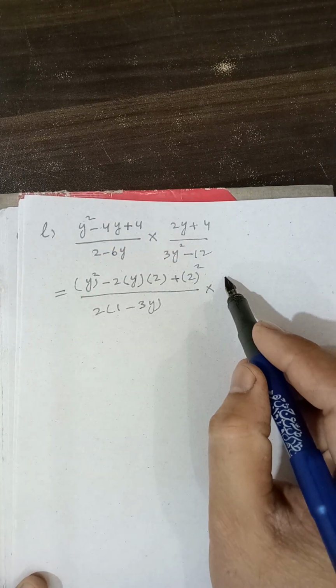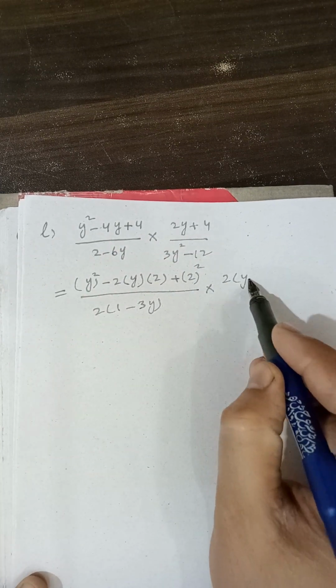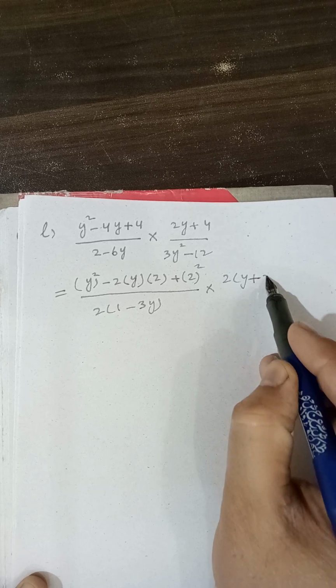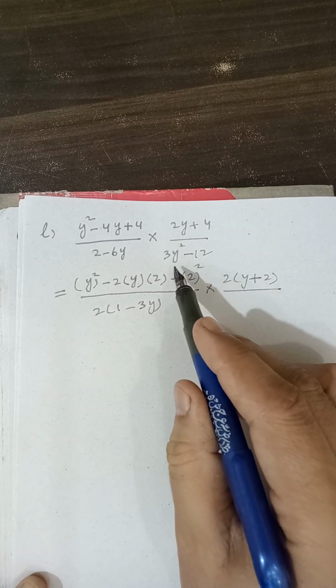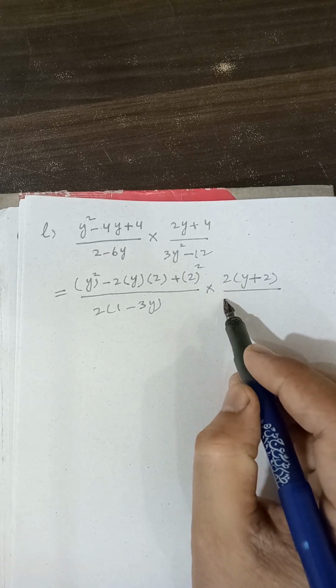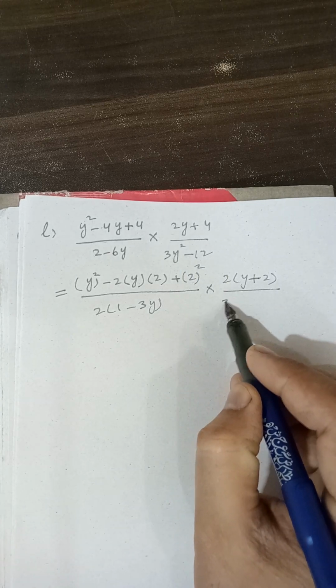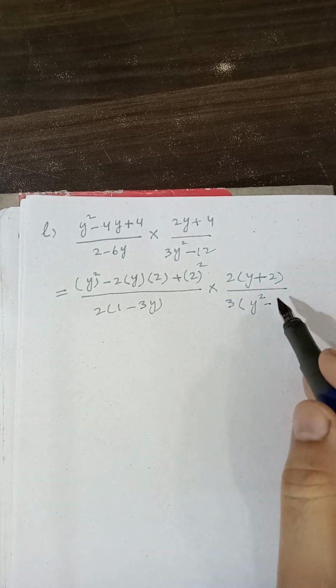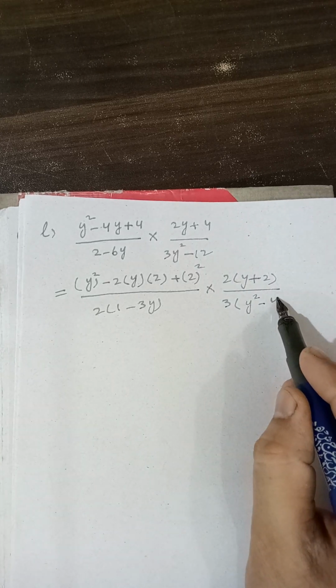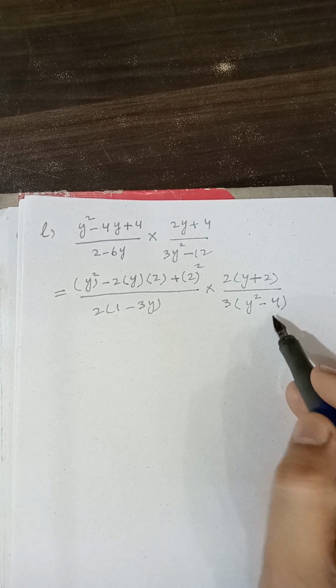Take 2 as common from here, 2 into y plus 2 inside the bracket, and over, take 3 as common, there will be 3y square minus 3 4's are 12, 4 will remain inside the bracket.